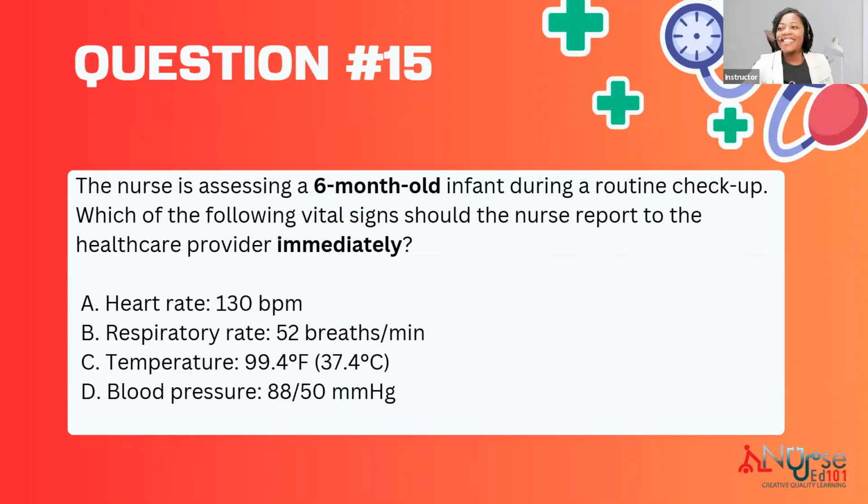I will tell you the answer here. For a 6-month-old, we went over this the other day, 6 months, not a newborn. So it would not be the first set of vital signs that we went over, but the second: infant up to 1 year.